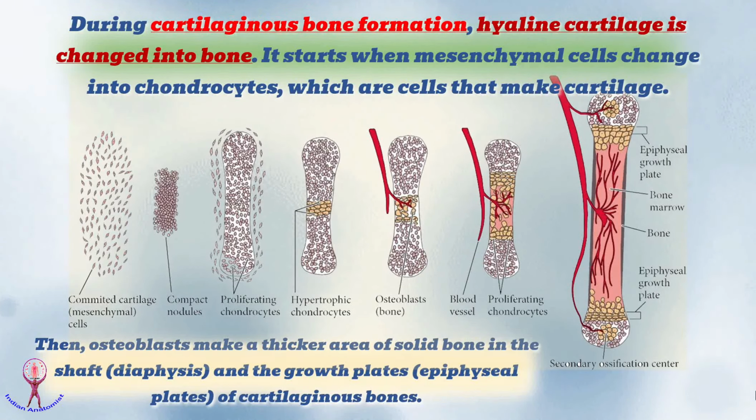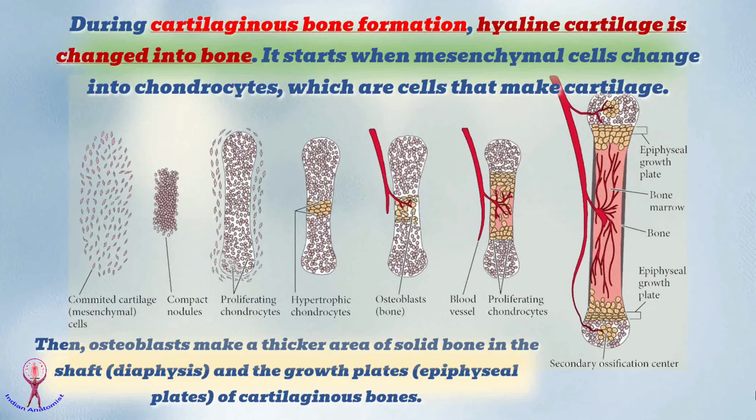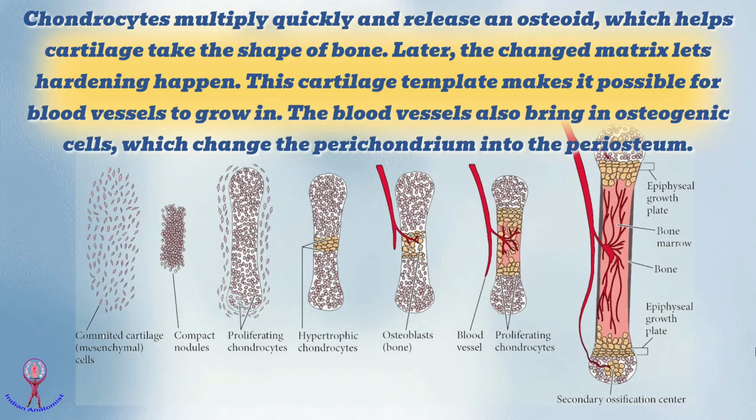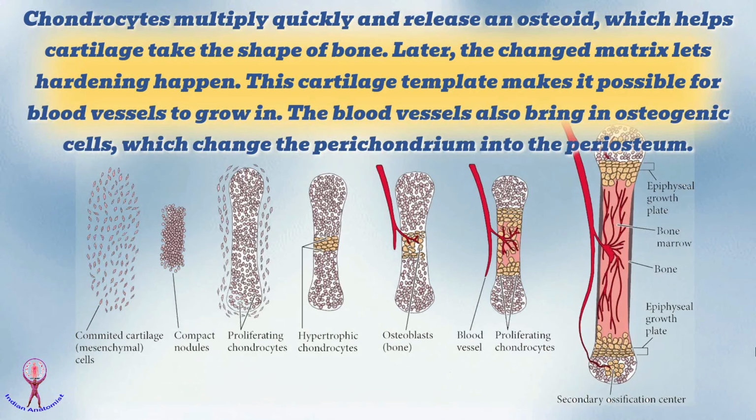Then, osteoblasts make a thicker area of solid bone in the shaft or diaphysis, and the growth plates or epiphyseal plates of cartilaginous bones. Then, chondrocytes multiply quickly and release an osteoid, which helps cartilage take the shape of bone. Later, the changed matrix lets hardening happen.